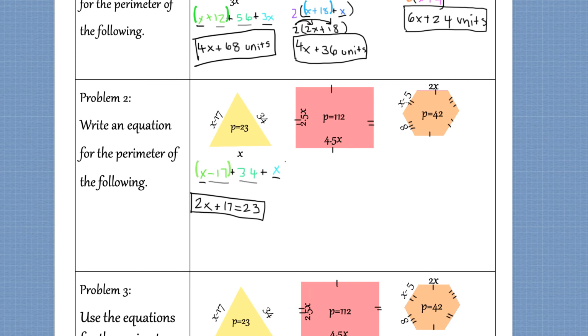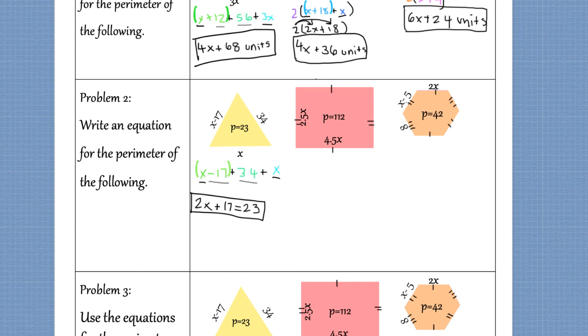This one also does sort of the same thing, and we see again the lines that we saw in the problem above. So we're going to do the same thing that we did with the triangle. We're just going to add up the sides, simplify the expression, and then set it equal to the value of the perimeter, which in this case is 112. Since we have these lines here, it tells us that the length of this side is also 4.5x, as seen by the two lines right here.